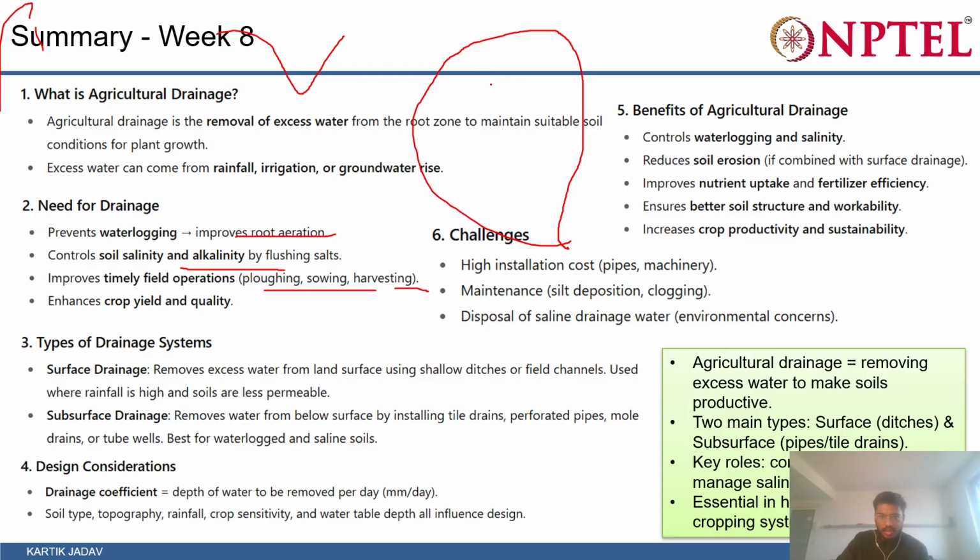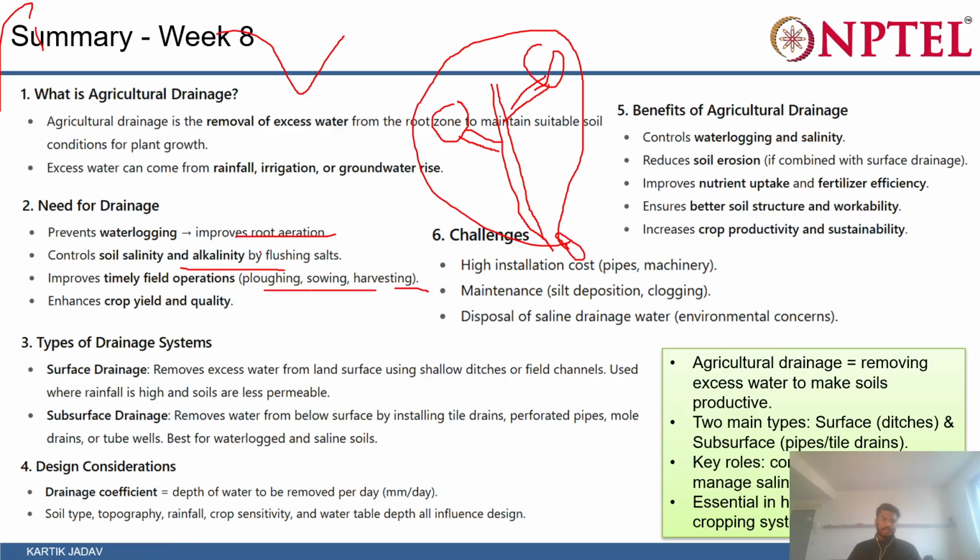You create certain channels. Suppose this is your main channel, then your farm is here. You divert the water from here to here. If there is a waterlogged area, connect this waterlogged area with the main channel. Due to the gradient created, the water moves from here to here and is ultimately drained at the end.